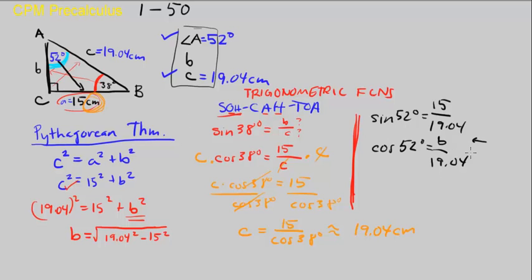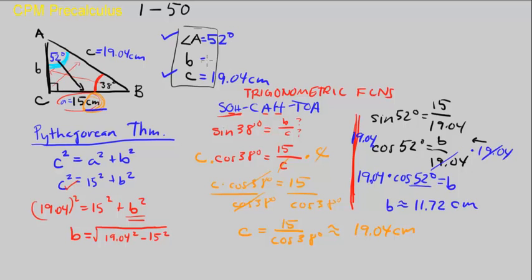We multiply both sides by 19.04, these cancel out, and we're left with B is equal to 19.04 times cosine of 52 degrees. Now you plug that in your calculator, make sure you're in degrees mode, and you get B is approximately 11.72. Make sure we put our units, centimeters.